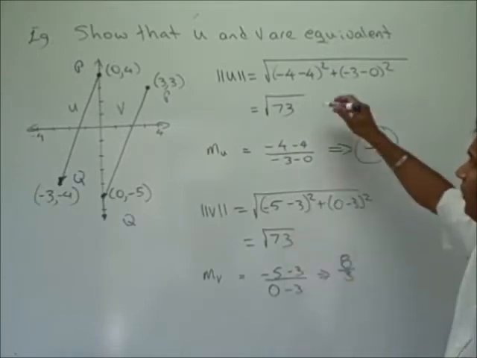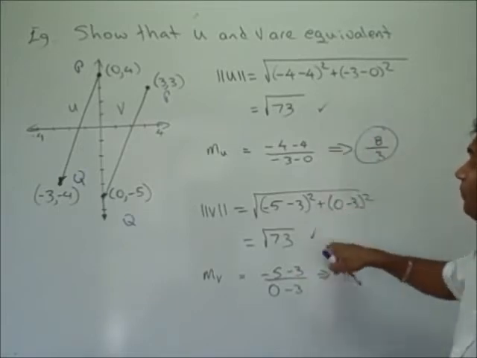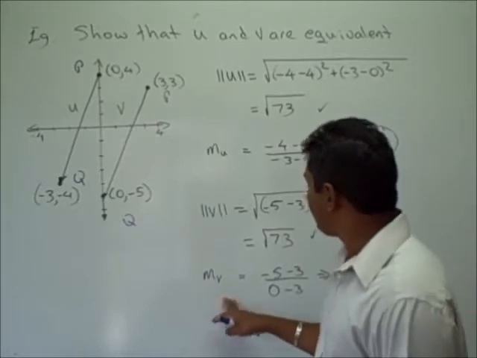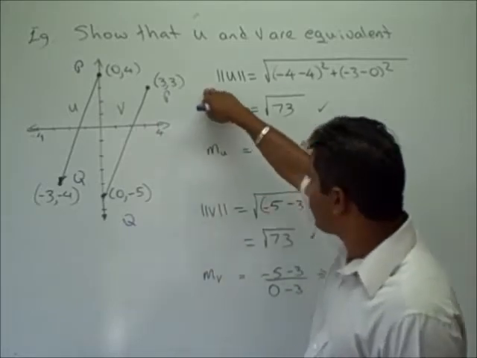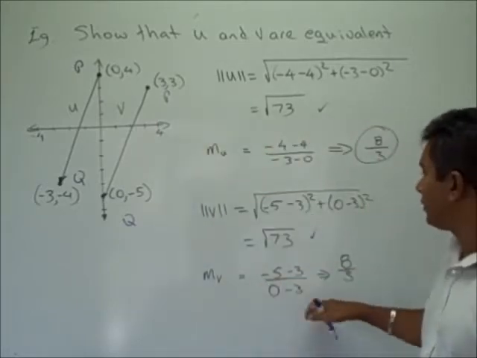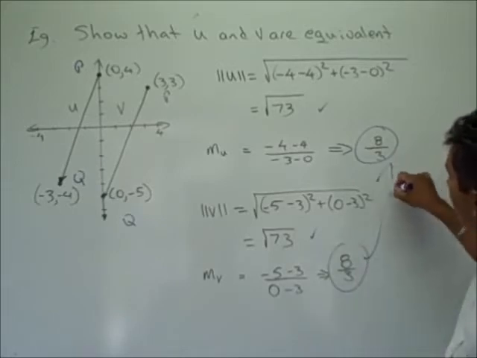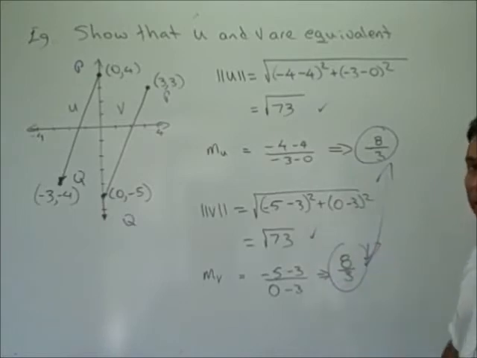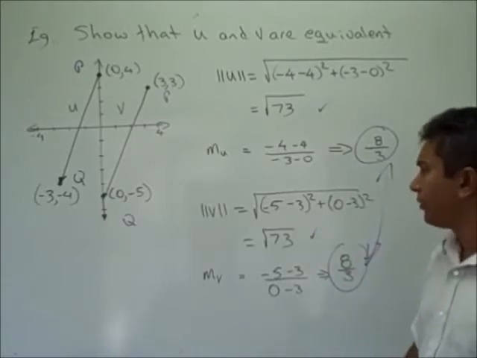Now let's find the slope of v. It would be -5 minus 3 all over 0 minus 3, which also gives us the same slope. So we can see that they have the same magnitude and same direction, therefore they are equivalent vectors.